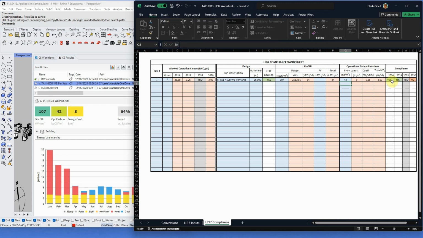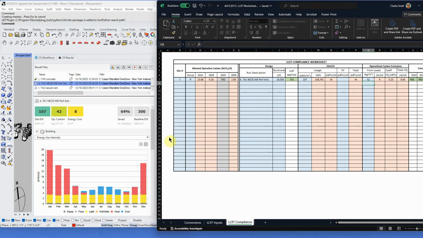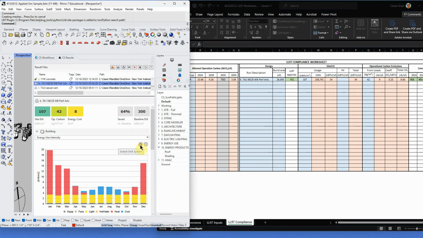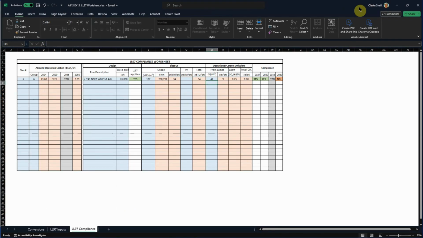Then that gets converted to pounds per square foot because that's what's in the code. And we see here in our first run, which we knew was pretty good because we used that really energy efficient template, remember this is where we were before in Climate Studio, we're doing pretty well.